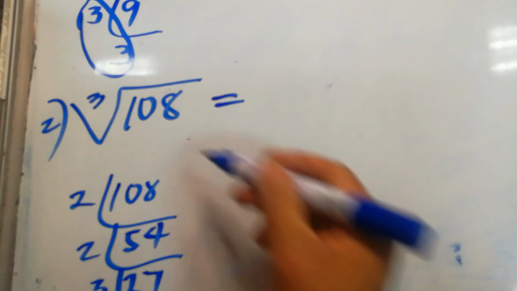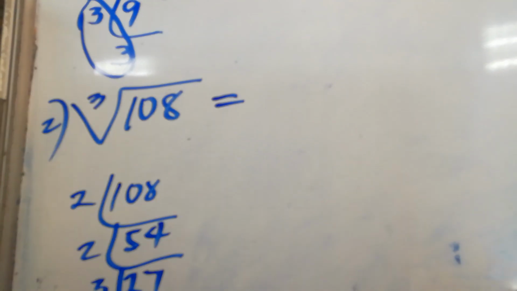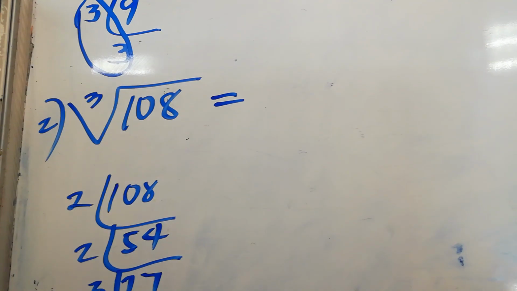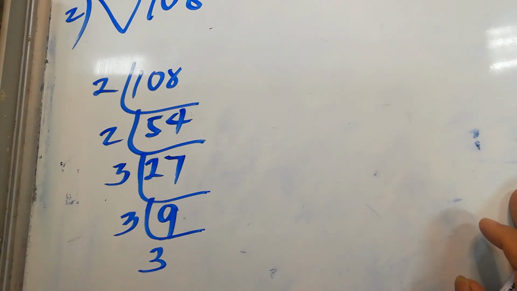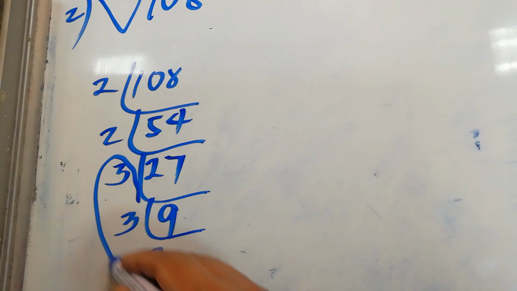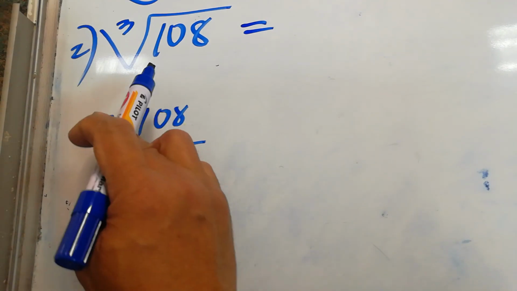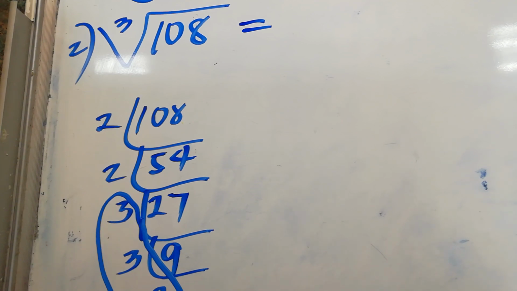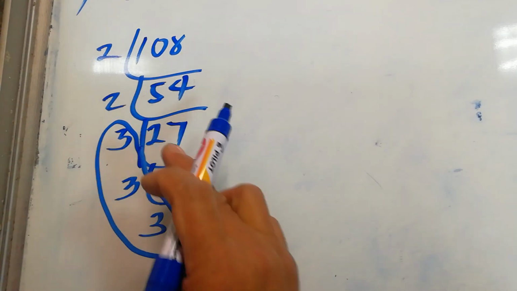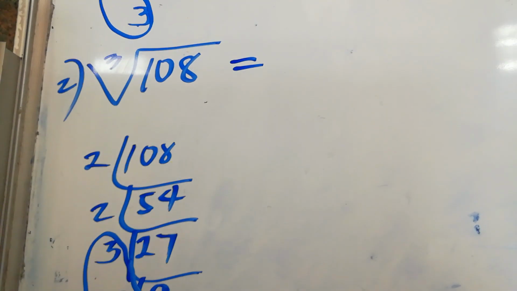As I told you, since the index is 3, you are after the greatest perfect cube factor of 108. To identify it, you just group by 3. Since the 2 times 2 is just 2 prime numbers, you simply multiply the group of 3: 3 times 3 times 3 is your greatest perfect cube factor of 108.